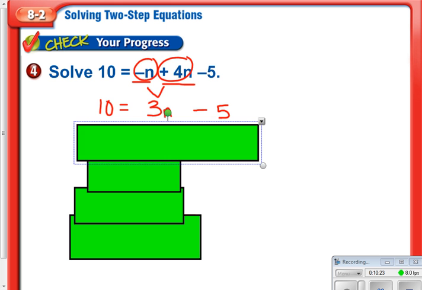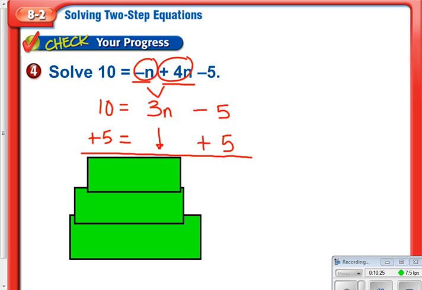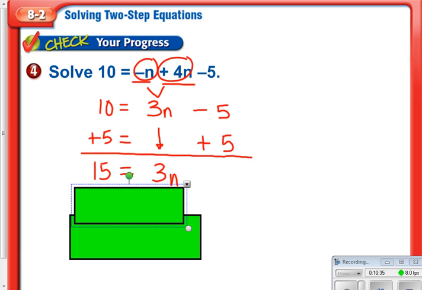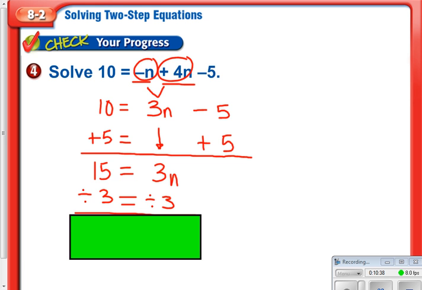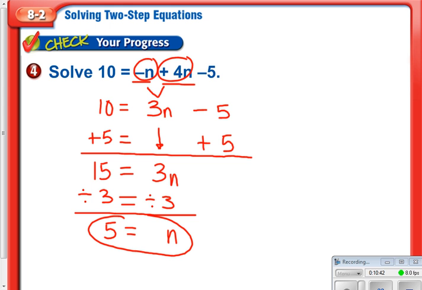Next step would be to add 5 to both sides, giving me 15. 15 equals 3n. Next, go ahead and get n alone, so I would need to divide both sides by 3. After I divide both sides by 3, I would wind up with n equals 5. This will conclude day 1, 8.2, solving two-step equations with combining like terms.